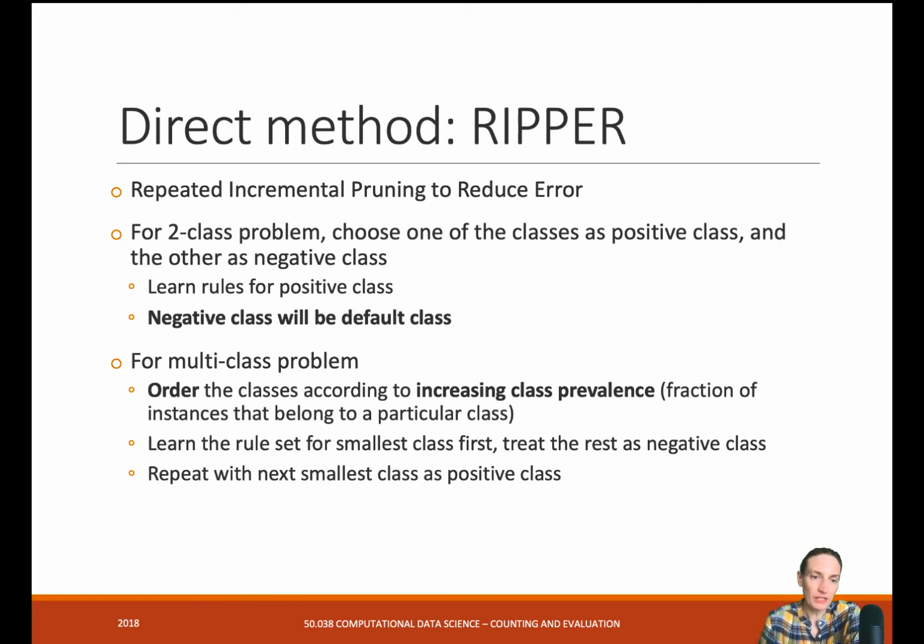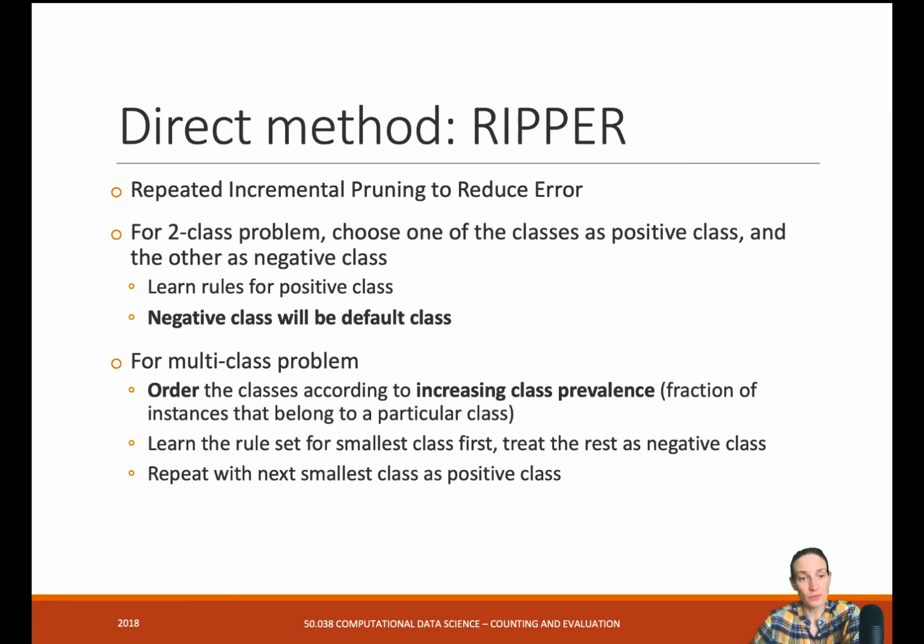In case of a multi-class problem, we proceed to order the classes according to the increasing class prevalence, or basically the prior distribution of the classes. When we look at the fraction of instances that belong to a particular class and sort them from small to large, we start by learning the rule set for the smallest class first, then treat all the rest as a negative class.